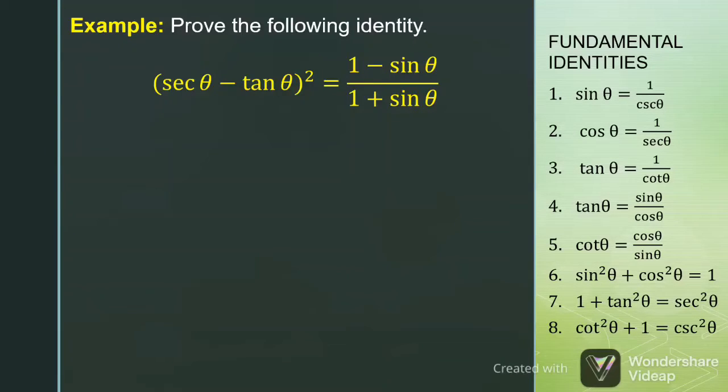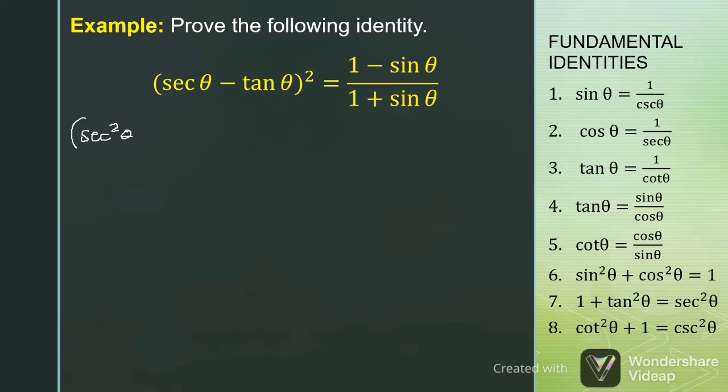Okay, so what is secant theta minus tangent theta quantity squared? We can use the FOIL method, right? Square the first: secant squared theta. Then the outer and inner terms: secant theta times negative tangent theta is negative secant theta times tangent theta, then twice it, multiplied by 2.